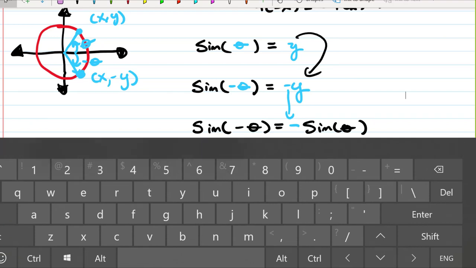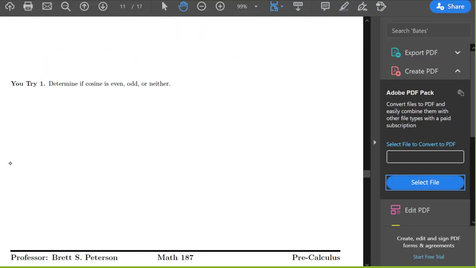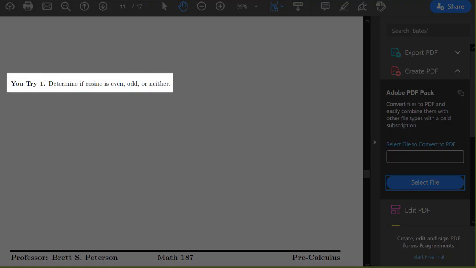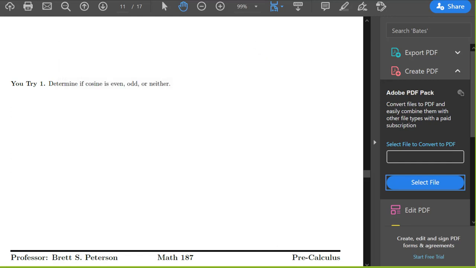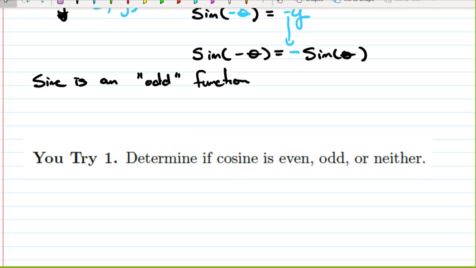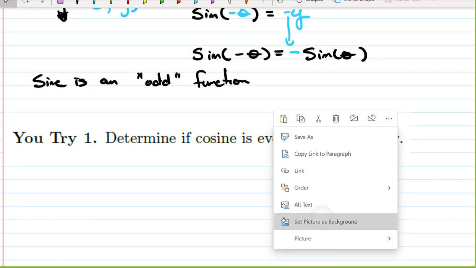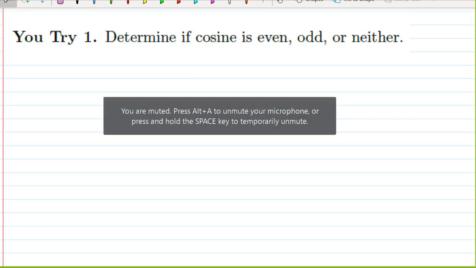All right, so based on what we just did, it's now your turn. Determine if cosine is an even function, an odd function, or neither. We're going to need to do the same thing, so you're going to want to draw or use that same diagram to determine cosine theta and cosine negative theta.